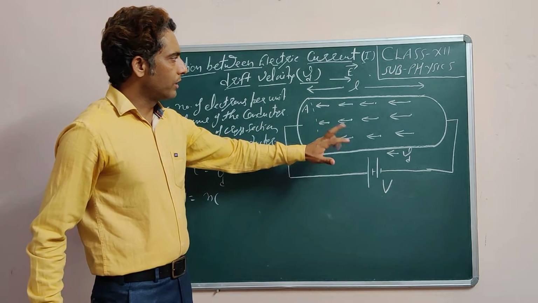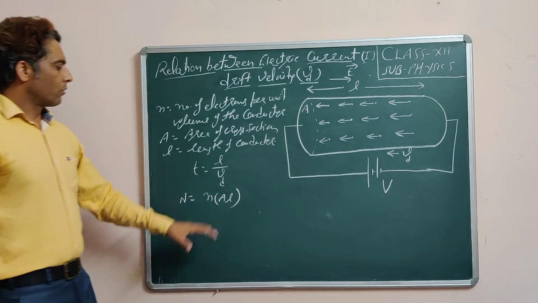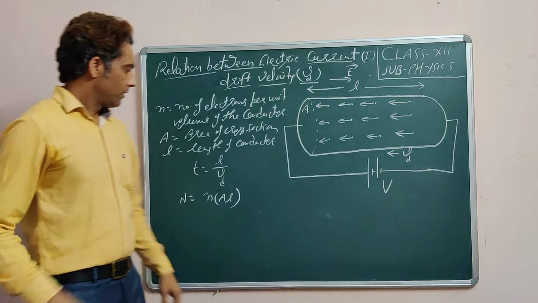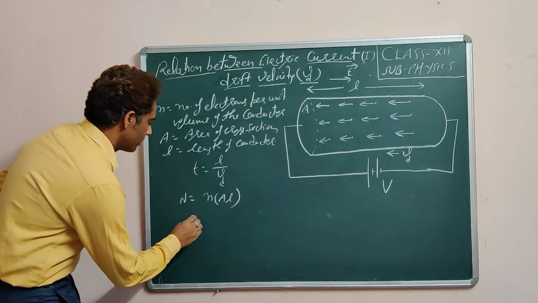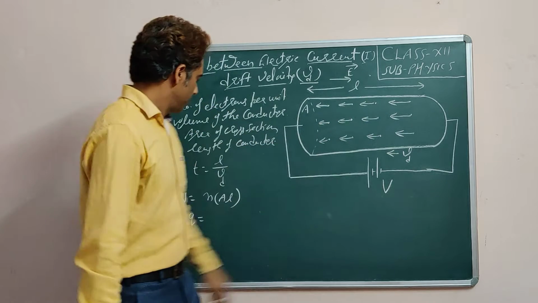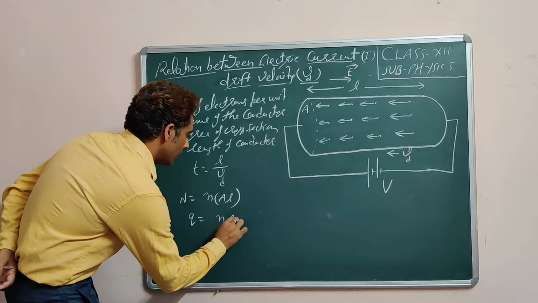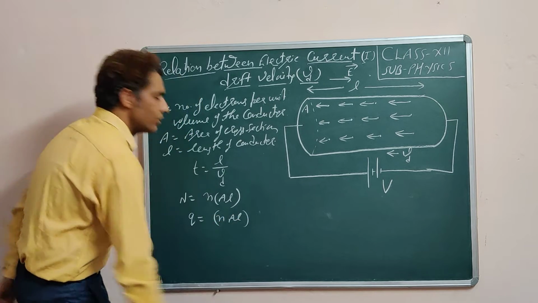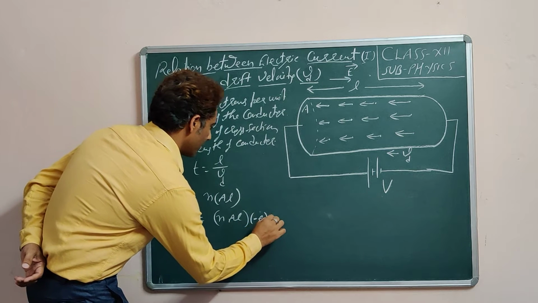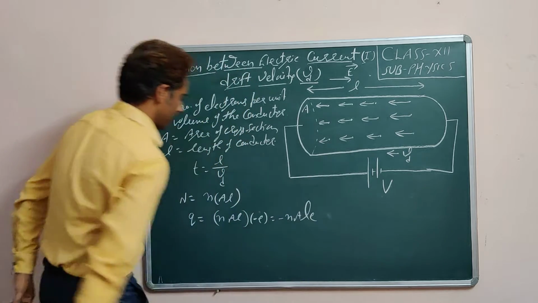In this case, the volume of the conductor will be A times L. So this is the total number of electrons in this section of the conductor. So we can say that the total charge which passes this cross section will be equal to N A L times the charge on one electron, that is minus e. So we can write minus n A L e.